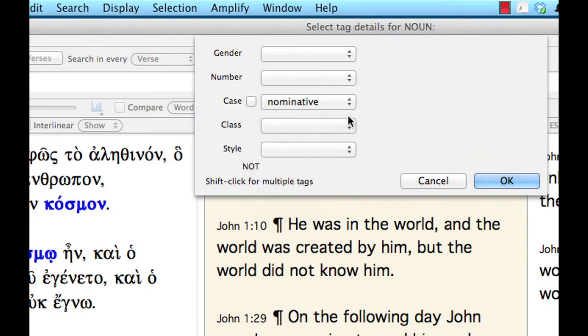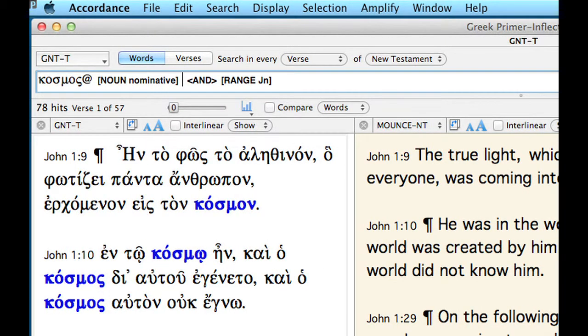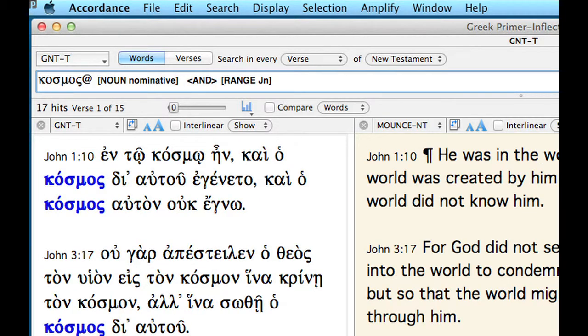So you select that option and say OK. And what it does, it puts in the code the at, and then inside the brackets, noun nominative. That's just Accordance nomenclature for limiting the search to every example of cosmos functioning only in the nominative case. Do your search, and now every example of cosmos is cosmos.